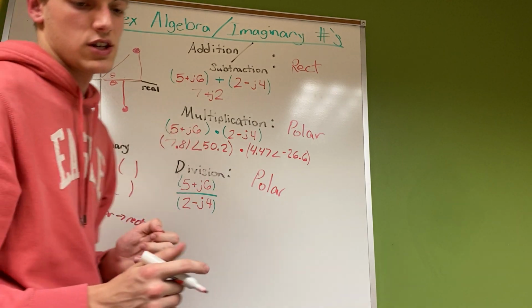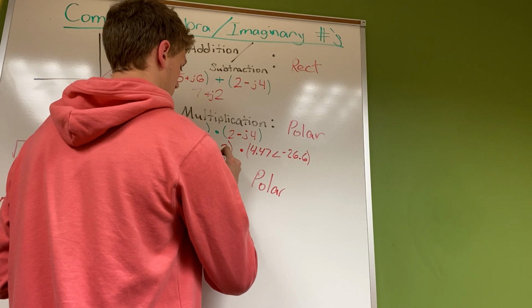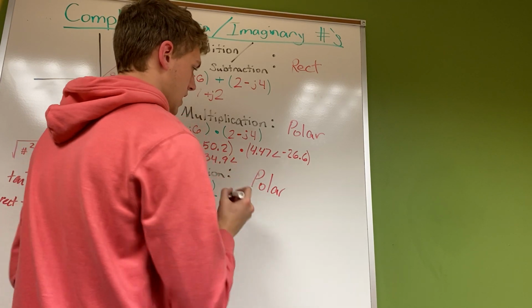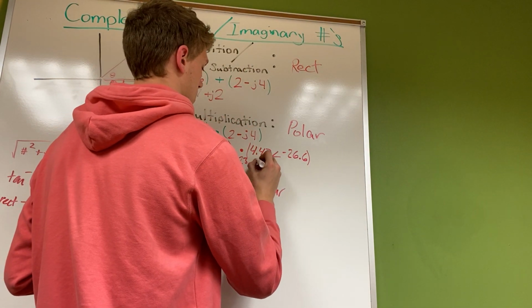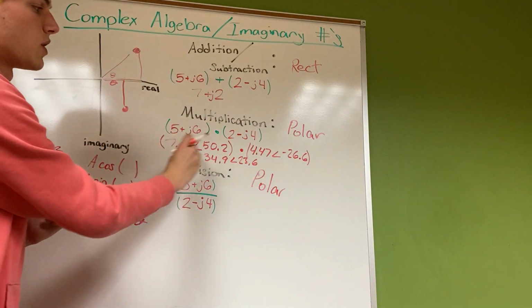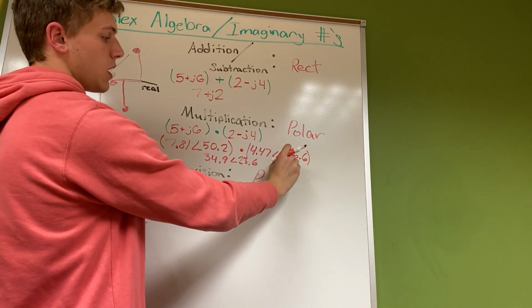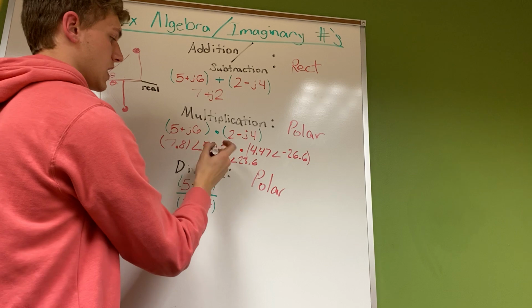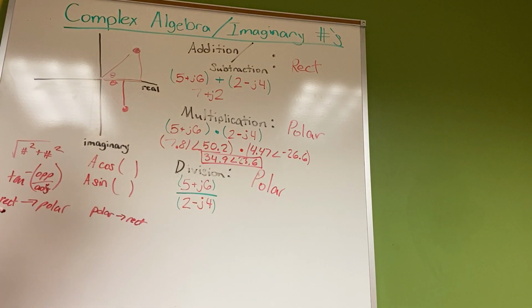So for multiplication, in this instance, we get 34.9 at an angle of 23.6. We got that from 7.81 times 4.47, and then we took 50.2 plus negative 26.6. That would be our final answer for multiplication. That would be in polar form, or we could switch it back to rectangular if needed.